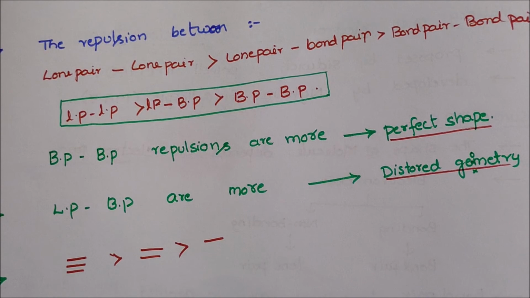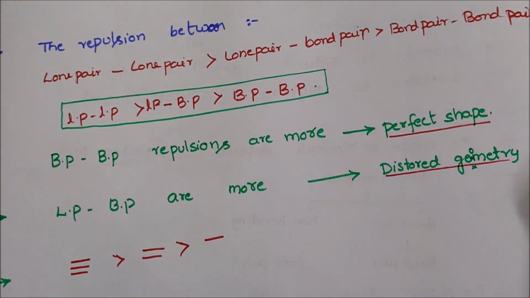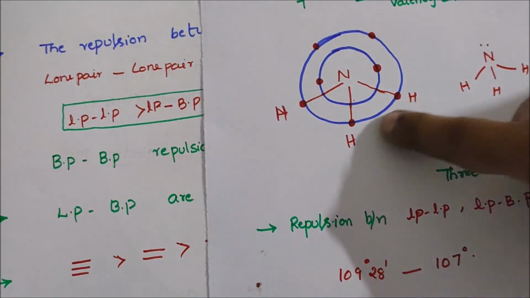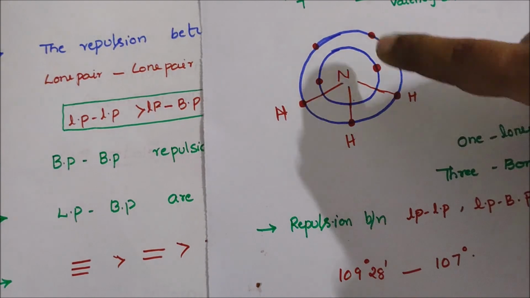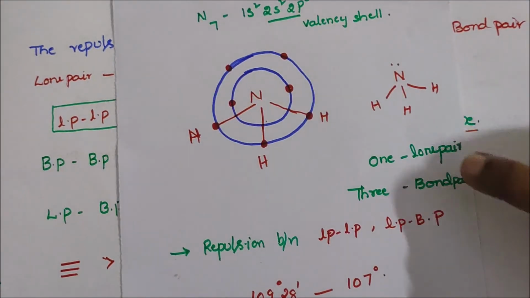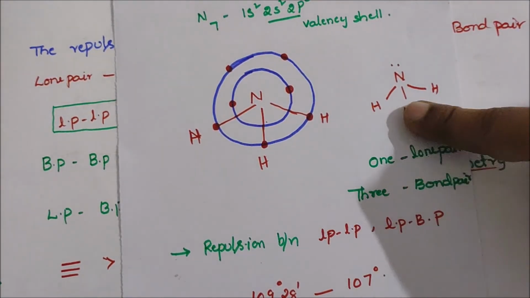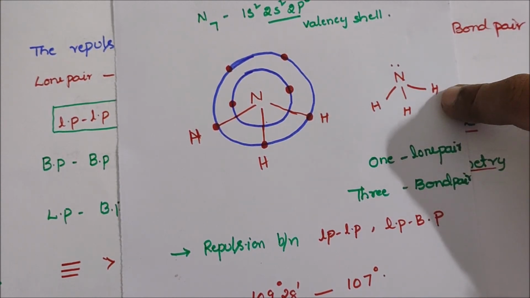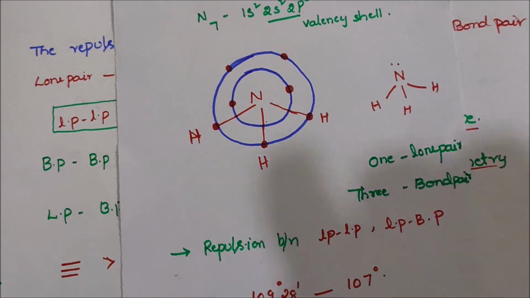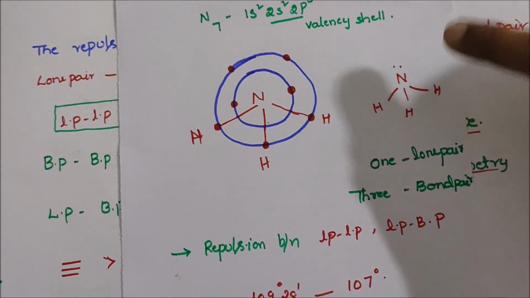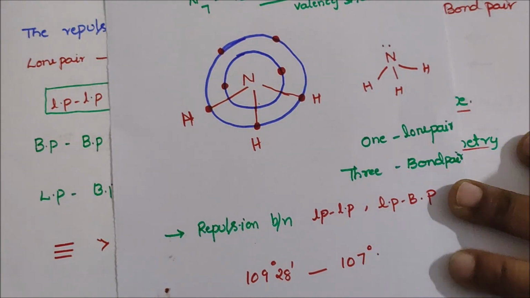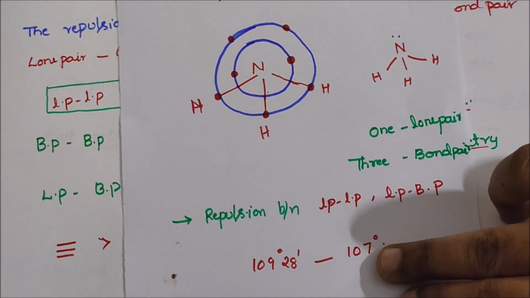In NH3 there are 3 bond pairs and 1 lone pair. The bond pair to bond pair repulsions give the perfect shape of the molecule, and the lone pair to bond pair repulsions give a distorted geometry, so the bond angles are distorted and decrease.